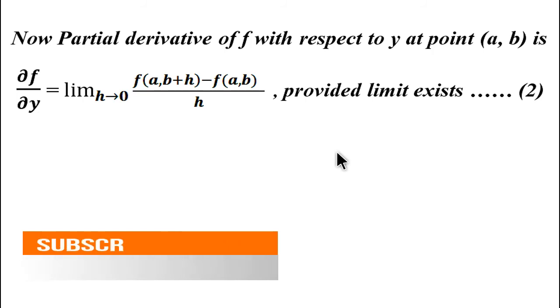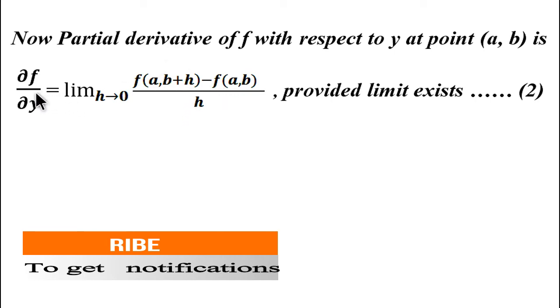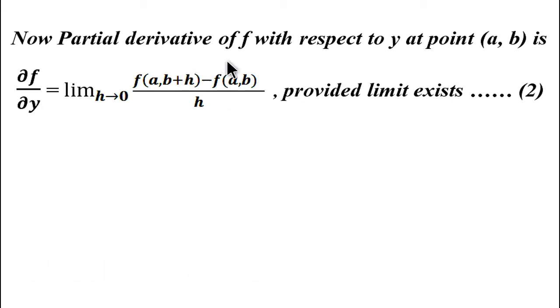Similarly, what is the definition of the partial derivative with respect to y? This is equal to the limit h approaches 0, f(a, b + h) minus f(a, b) over h. Here we will find the partial derivative with respect to y. Therefore, the coordinate of y will change, but the coordinate of x remains the same and equal to a.